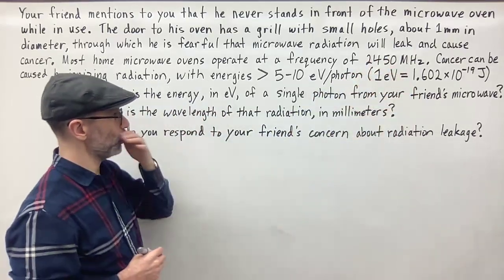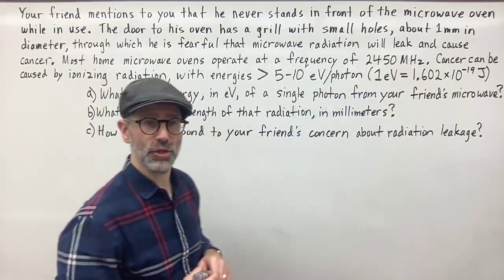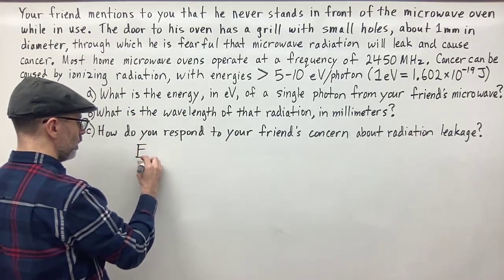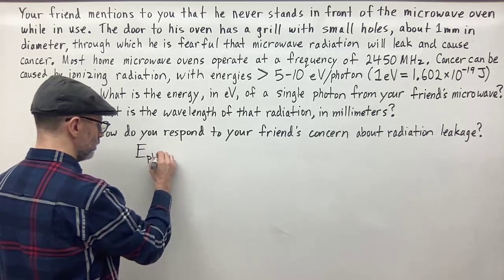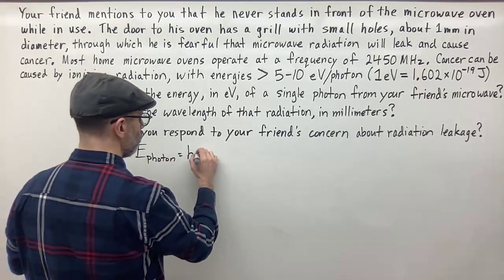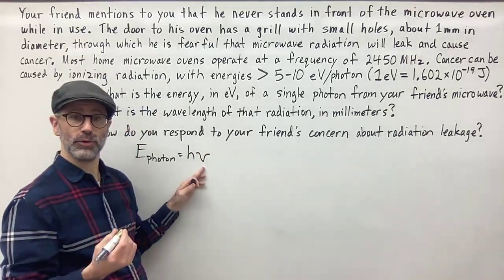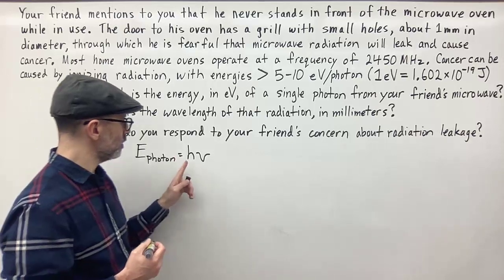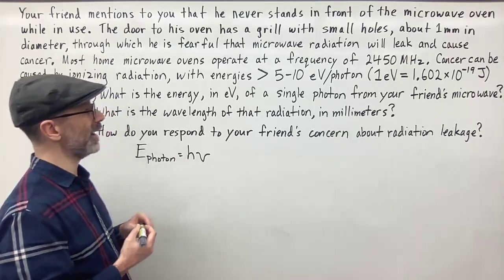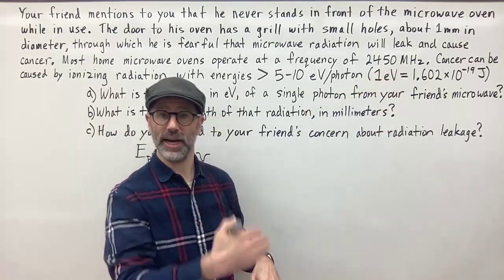We want to convert this to hertz so that we can use our equation: the energy of a photon is equal to Planck's constant multiplied by nu, the Greek symbol nu, which stands for frequency. Planck's constant is in joule seconds, so we want our frequency to be in hertz, which is per second.